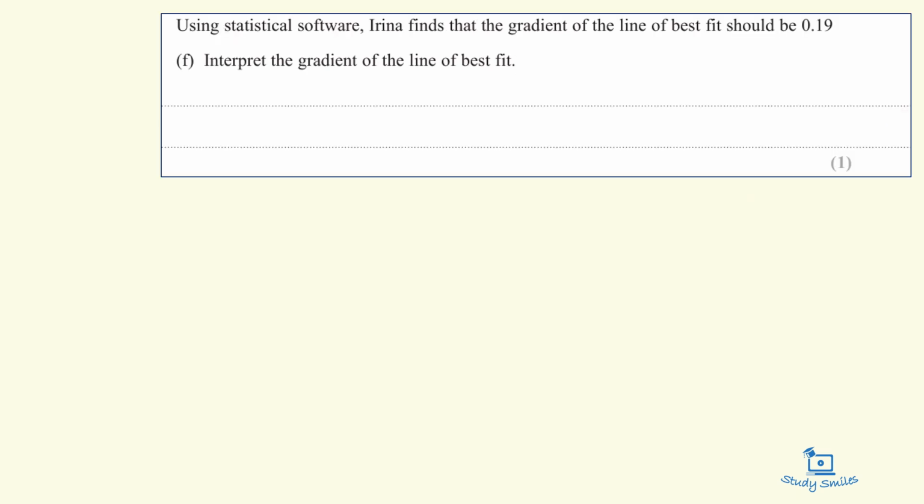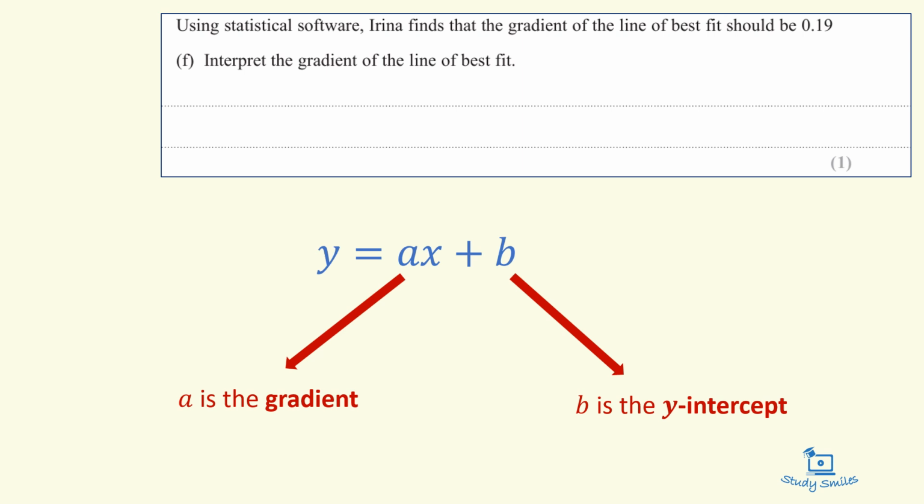Using statistical software, Irina finds the gradient of the line of best fit should be 0.19. Part F asks us to interpret the gradient of the line of best fit. Just to remind ourselves, the equation of the line of best fit is y equals ax plus b, where a is the gradient and b is the y-intercept.